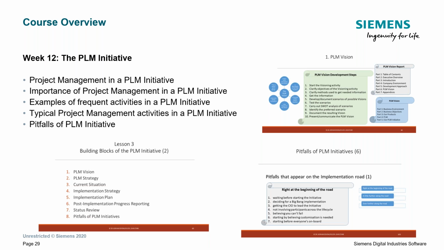And the more you look at this PLM initiative, the more you see there are many, many steps. They might do a feasibility study. They might decide to start educating their people about PLM. They want to do a financial justification, and then they do a status review. So there are really many things happening in this PLM initiative, and we describe them in this 12th week of the course.